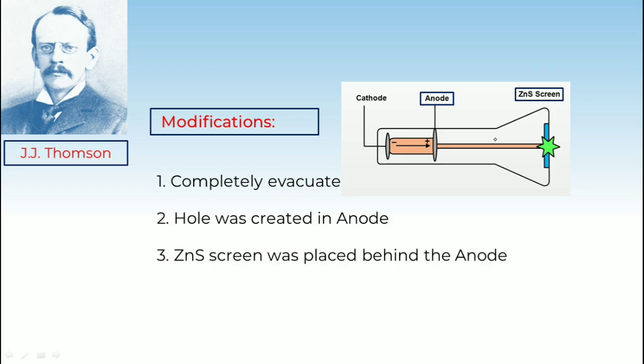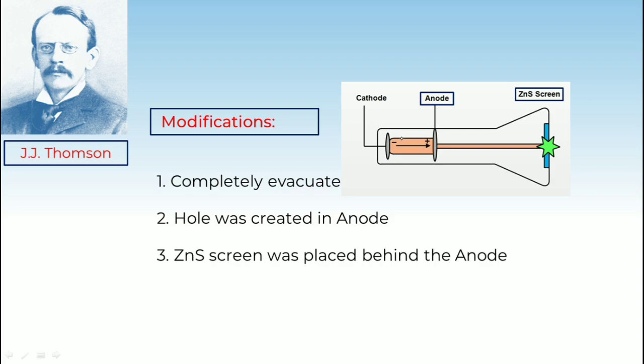The flow of current from the cathode to the anode was further checked by making a hole in the anode, then coating the tube behind the anode with a phosphorescent material, that is zinc sulfide.